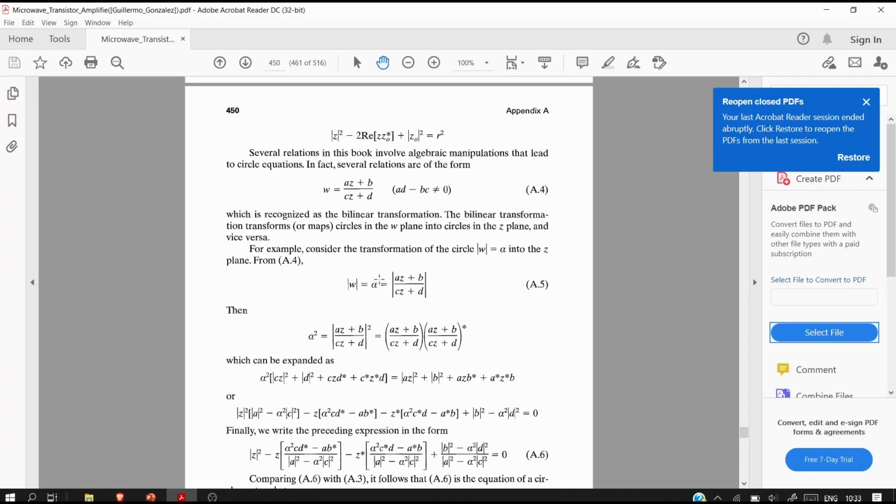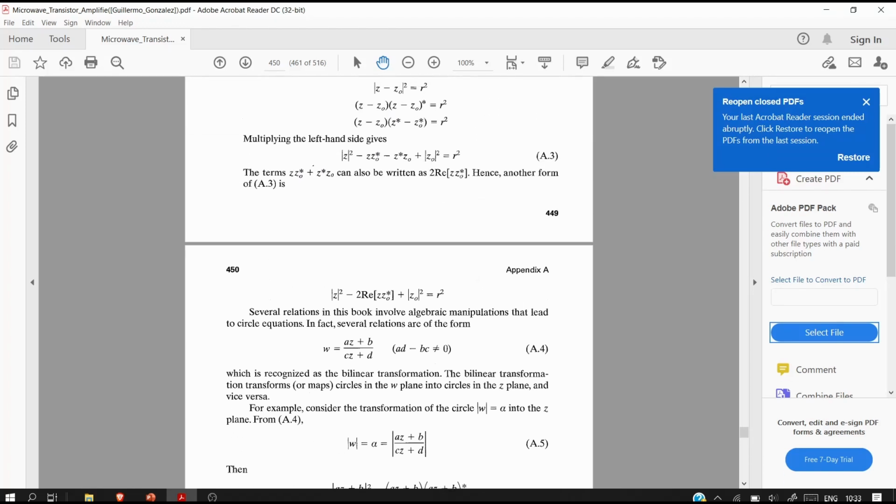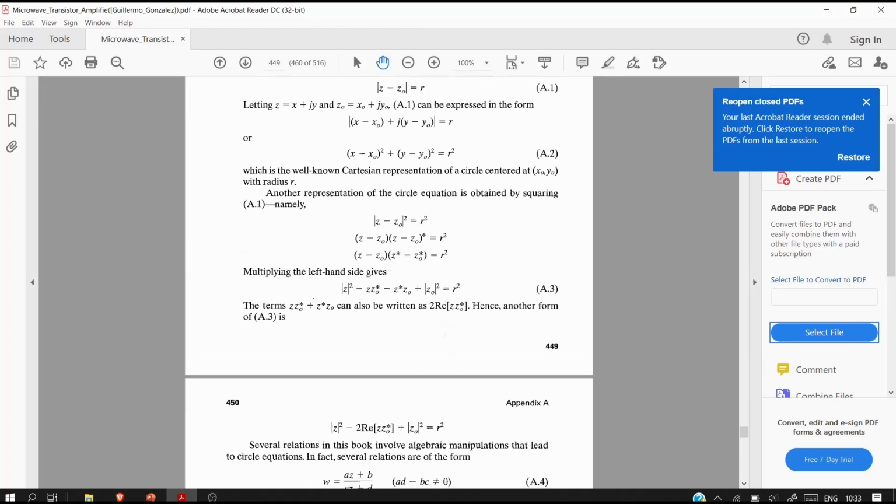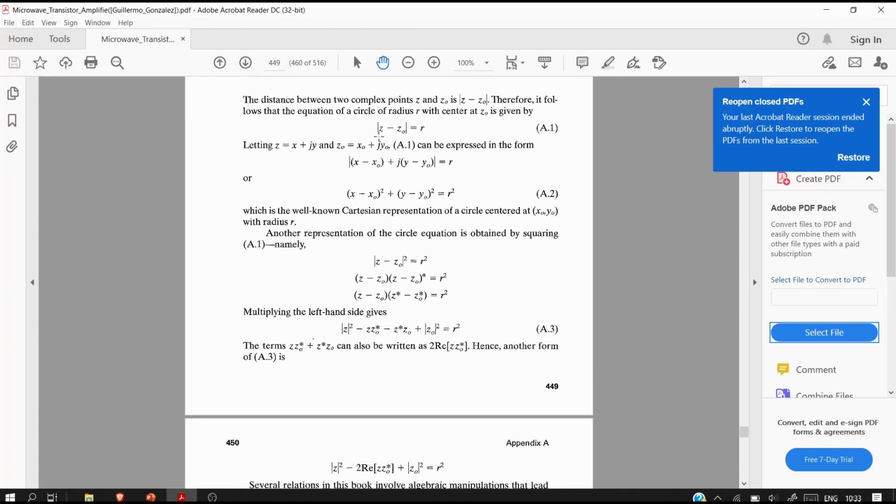Please follow me, and before that, recall that in my previous videos I have explained that if this is the equation of a circle in the complex form, then from this I can come to this A3, and both are the same. I have already derived them, and you can see from here how they derive from this to this.